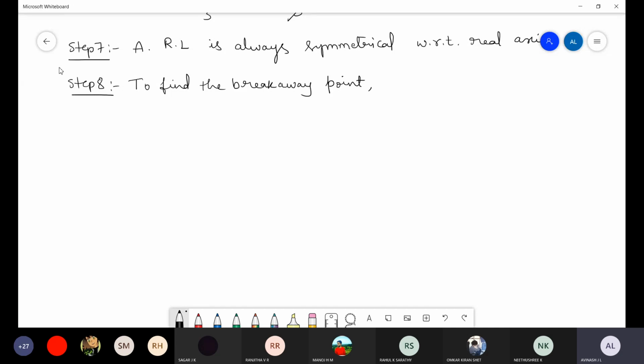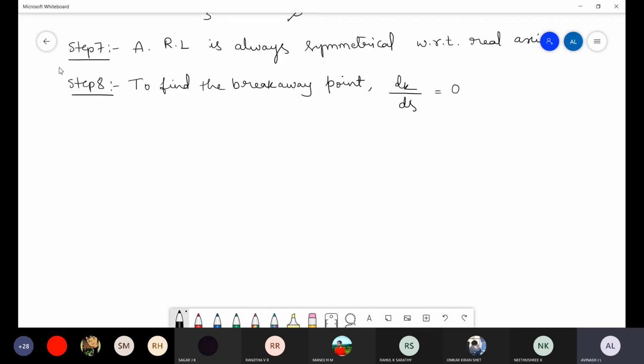How to find the breakaway point? I told you that dk divided by ds. In order to find dk divided by ds, we need to differentiate k with respect to s, and equate that to 0. In order to obtain dk divided by ds, we need to have k first.